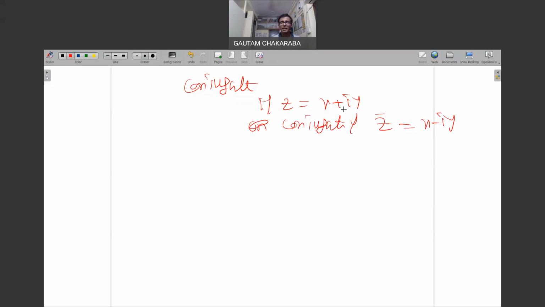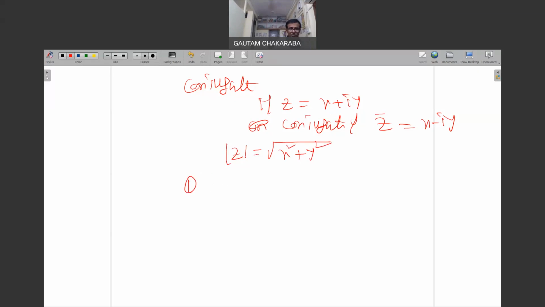You change the sign of iota, so x minus iy. And how can you find the modulus? The modulus of z is the square root of the real part square plus the coefficient of the imaginary part square, x square plus y square. Now some properties of conjugate complex numbers.